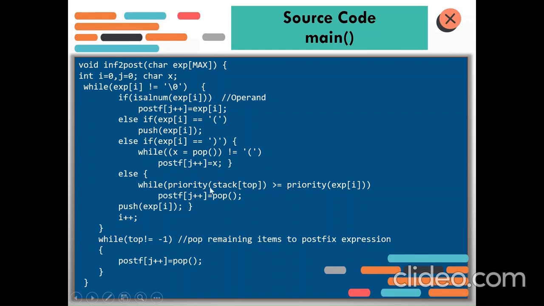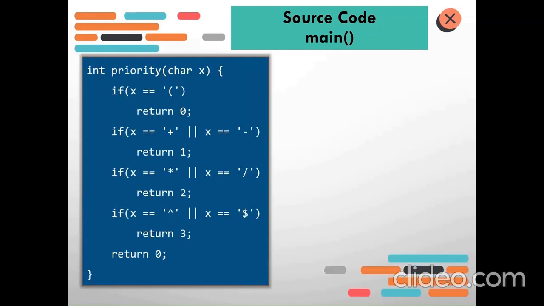It is basically a function to which we are passing as argument either the stack top or the current input symbol. That means two different arguments, but the function name is the same. So for the time being, let's have a glimpse of that priority function. So here is the priority function. It returns an integer value which is equivalent to the priority of the symbol which has been passed, in this case x.